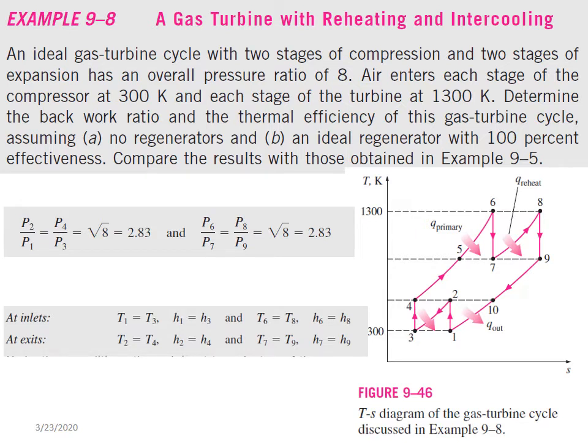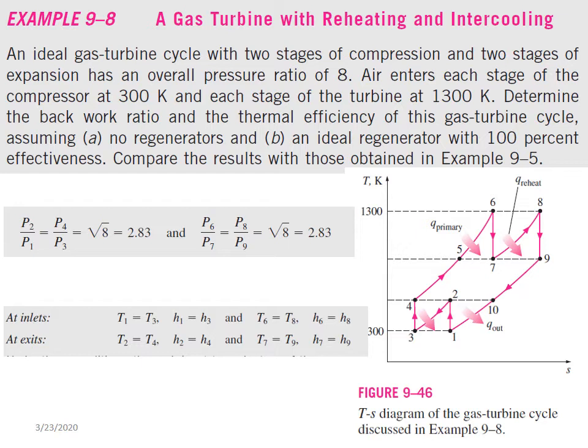It means that 8 is the overall pressure ratio, which consists of two stages of compression and two stages of expansion. So if we take the square root of 8, it will be equal to 2.83. Multiply 2.83 two times, and it will be equal to 8, which is the overall pressure ratio.